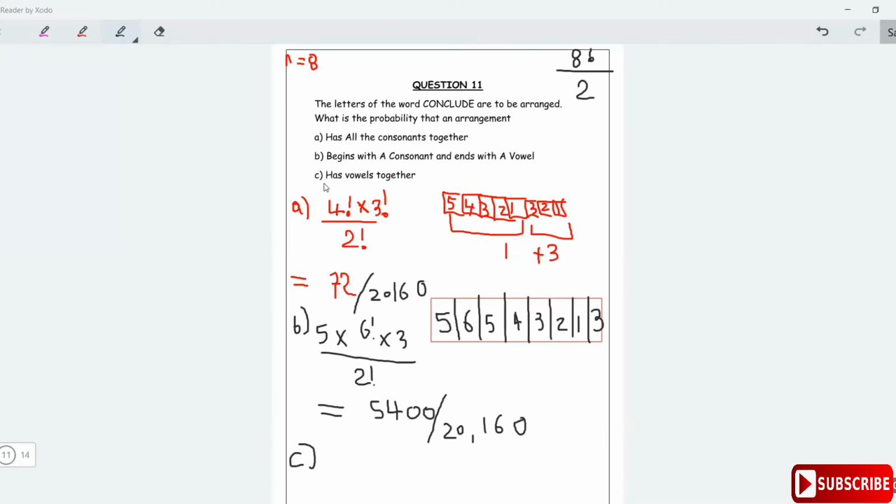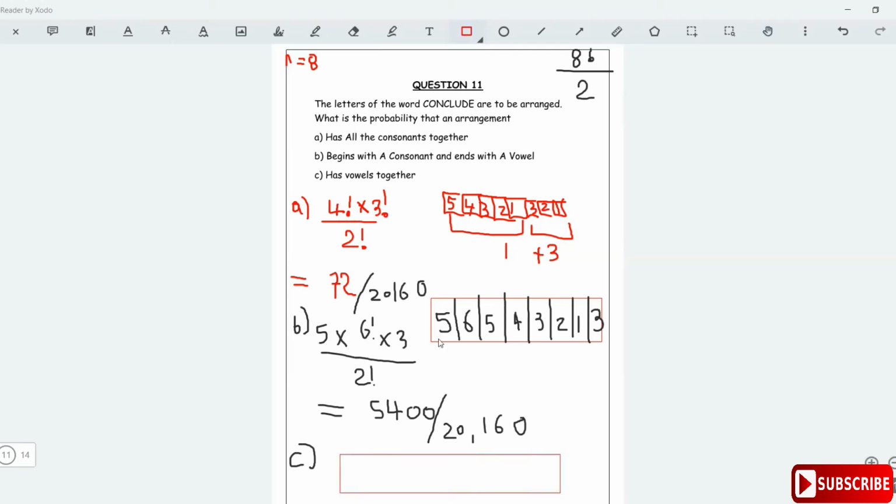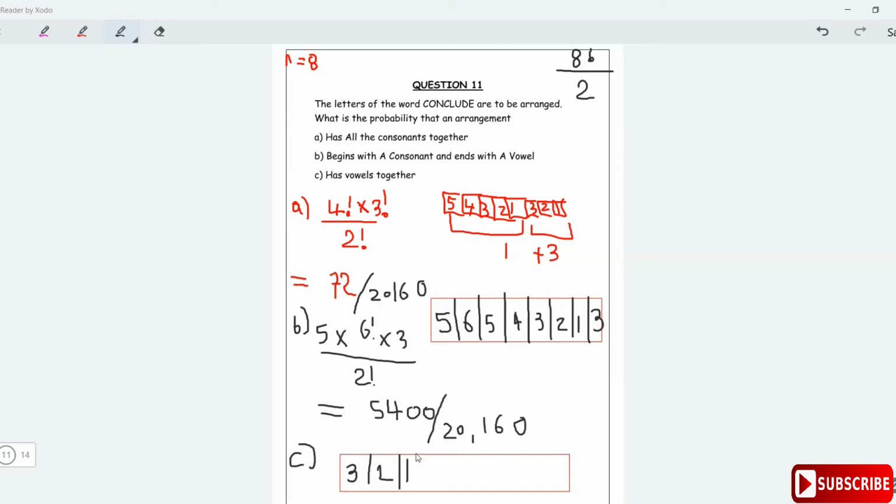Finally, now it has all the vowels together. If all of the vowels are together for part C, then let's say the vowels are at the front part. So you can put any one of the 3 vowels here, then any one of the next 2, then the next vowel gets this spot.